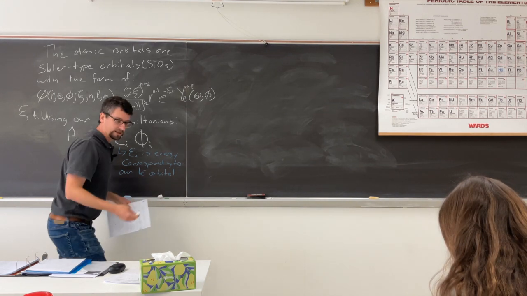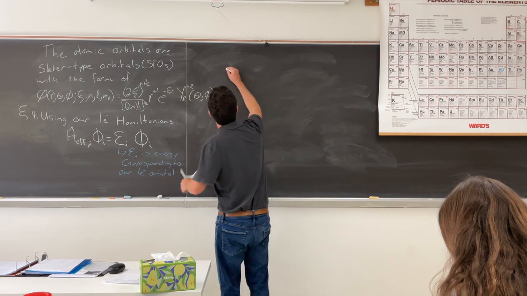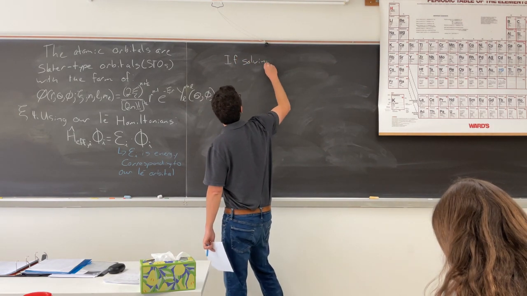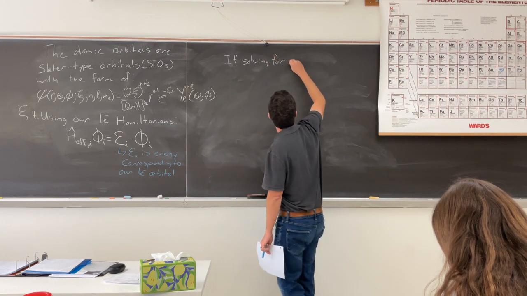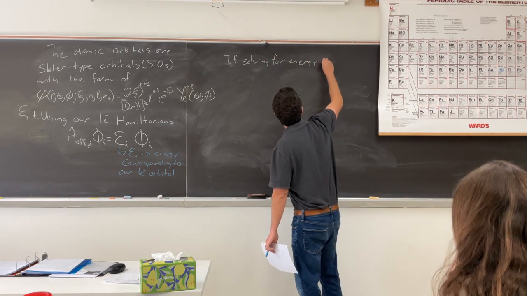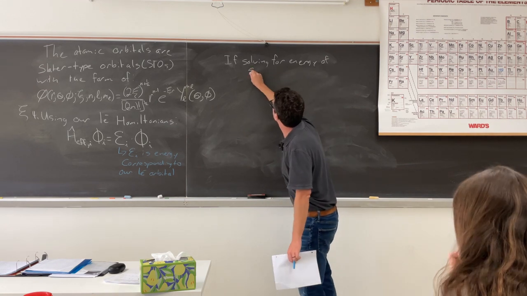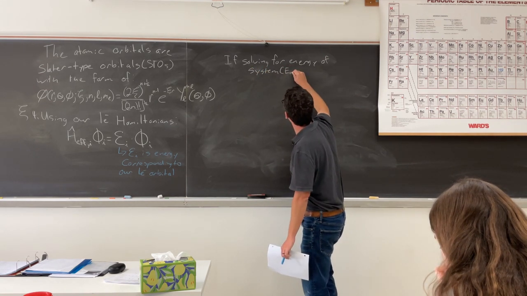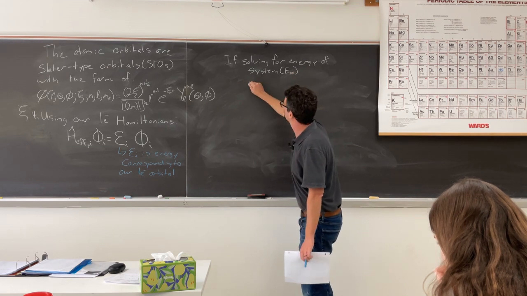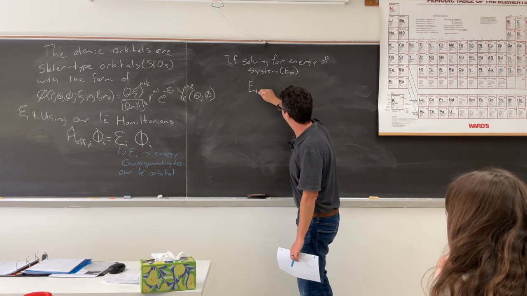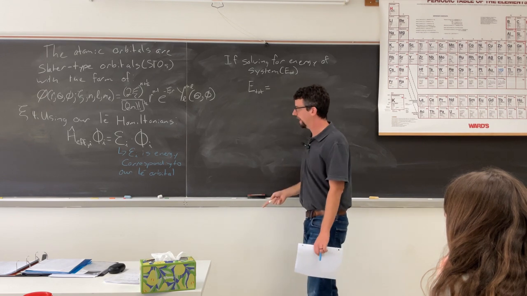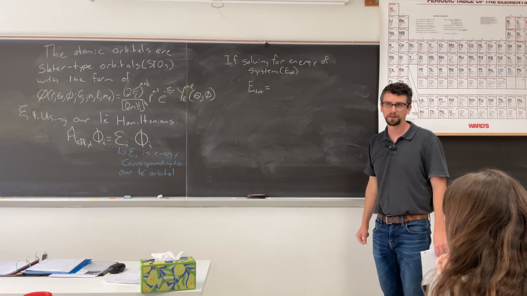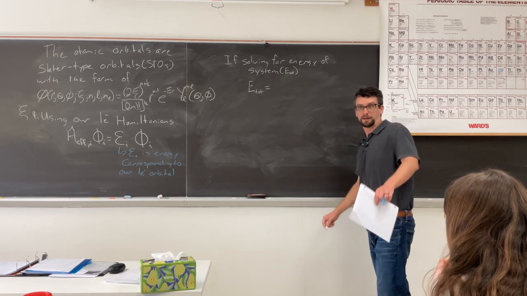Okay. If we wanted to get the total energy of our system, we're going to put E total. How can we relate it to these epsilons, these little e's? I'd sum them up.